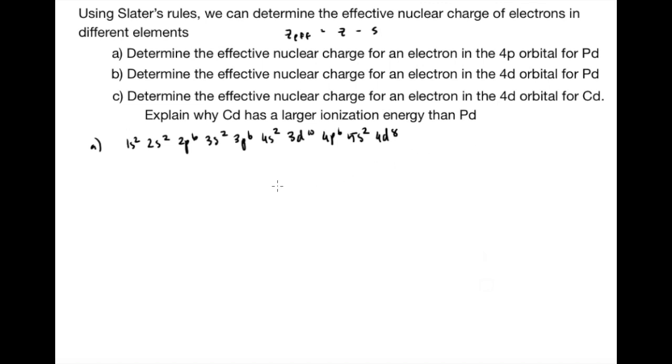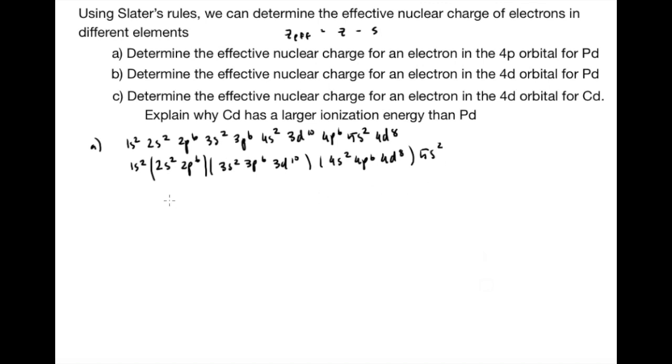And so we need to rewrite this so that all of the atomic orbitals of the same energy are grouped together. And so we have 1s2, 2s2, 2p6, this is one group, and we have 3s2, 3p6, and 3d10 grouped together, as well as 4s2, 4p6, 4d8, and finally 5s2.